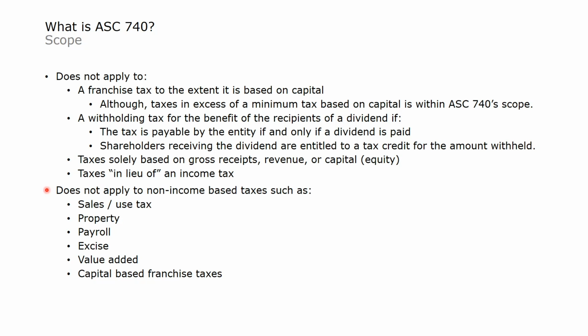Another reason why scope is important is that I've seen it quite a bit more, actually more than I would have thought. A lot of internal metrics are based on income before tax or pre-tax book income. And so, if you have a company where their employee bonuses are based on pre-tax book income, they may be very focused on that pre-tax book income number.